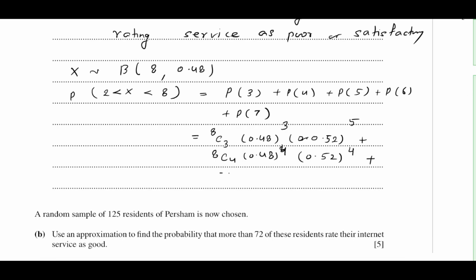8C6 and 8C7, 0.48 power 7, 0.52 power 8 minus 7 is 1. Okay, so we calculate and we get the answer as 0.825.